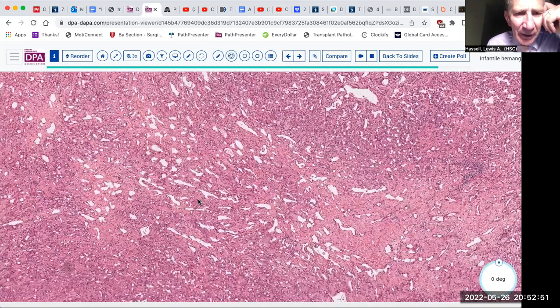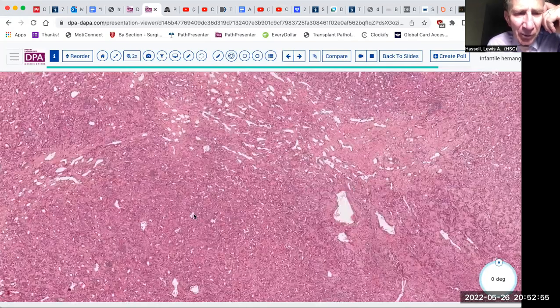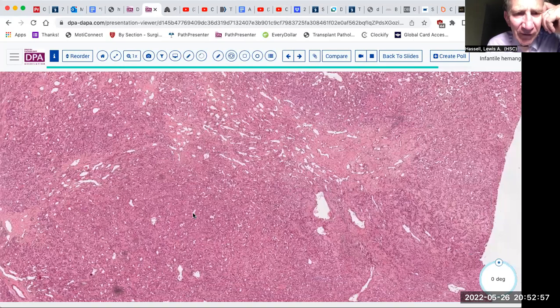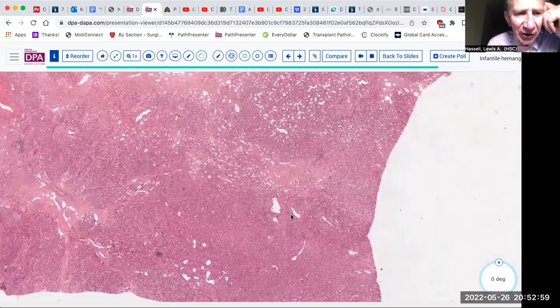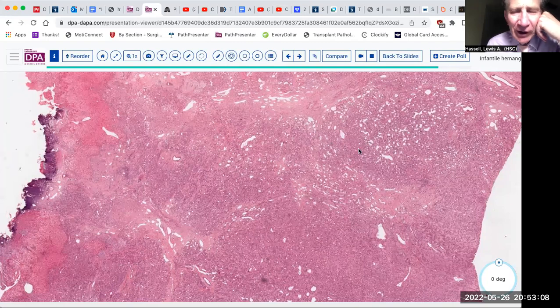But it was certainly a much more benign treatment than putting the patient on propranolol or doing major surgery or some other feature. And I have it on good report that the patient is still doing well and recently graduated from college and is going on to a great career.